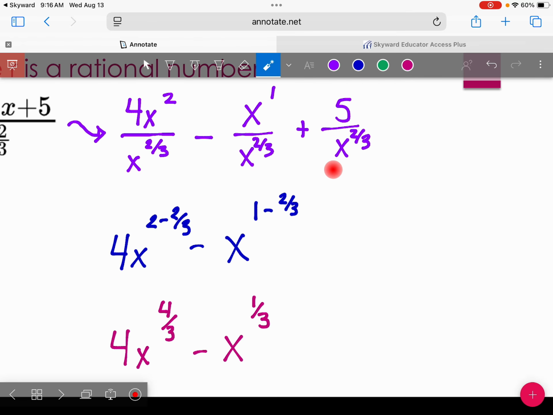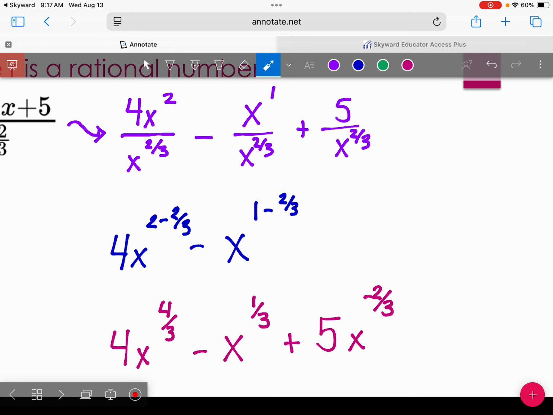On this one, I don't have an x to subtract from, though. So what are we going to have as our exponent on the x here? How can I get it up onto the main line? Negative 2/3.